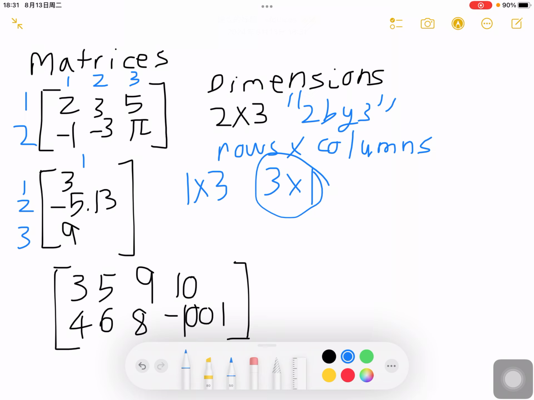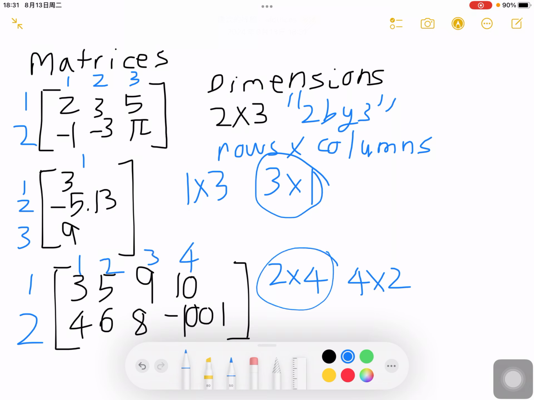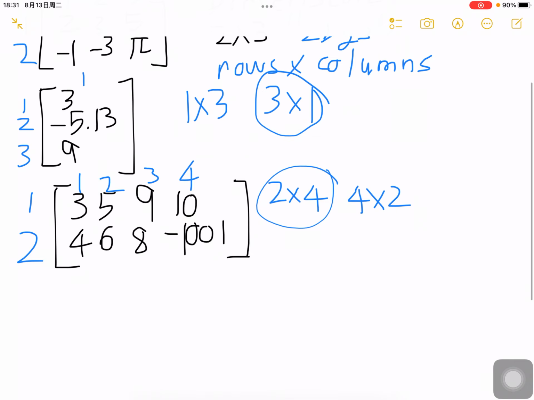So what's the dimension of this? Is it 2 times 4 or 4 times 2? It probably would get a bit confusing, but it's rows times columns, so there's 2 rows and there's 4 columns. So this is the answer. So essentially, we gave 3 examples of matrices.